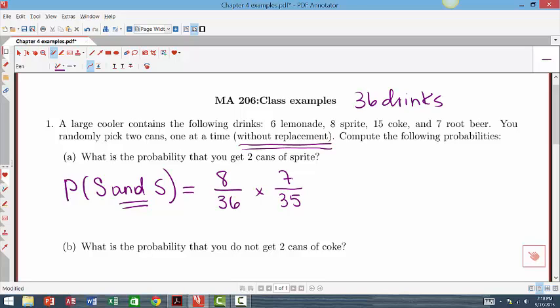So this is the probability of the event that I get Sprite on the first try, followed by Sprite on the second one. Once you compute this, let's round all of our answers to 3 decimal places, so you should get 0.044.